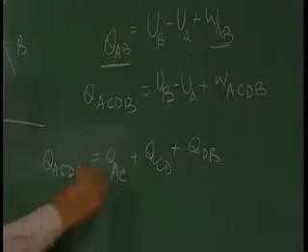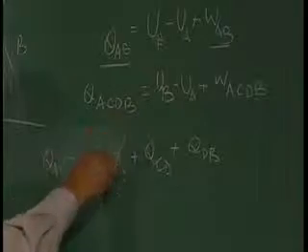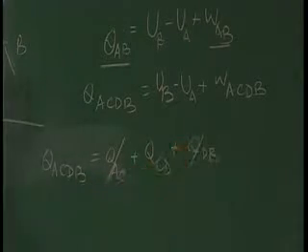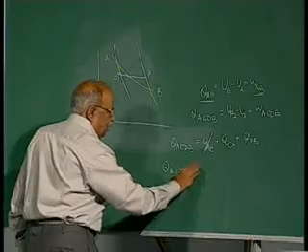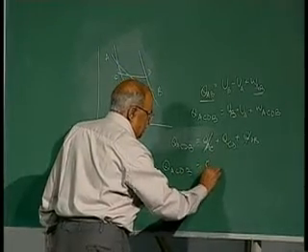AC and DB being adiabatic processes, they are equal to 0, and Q ACDB would be equal to QCD.